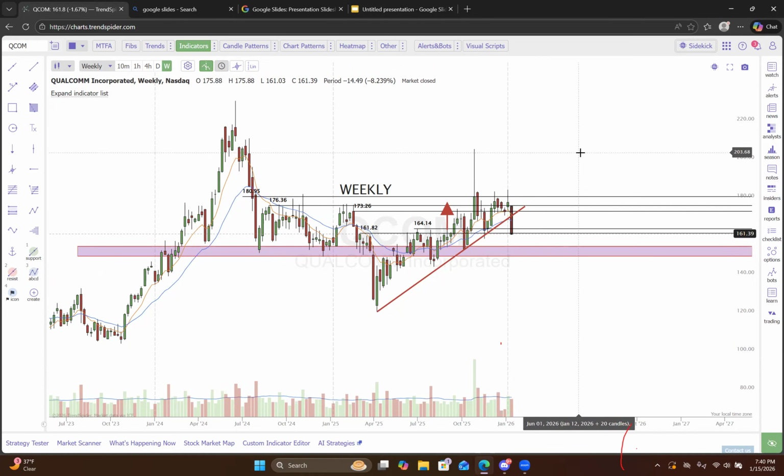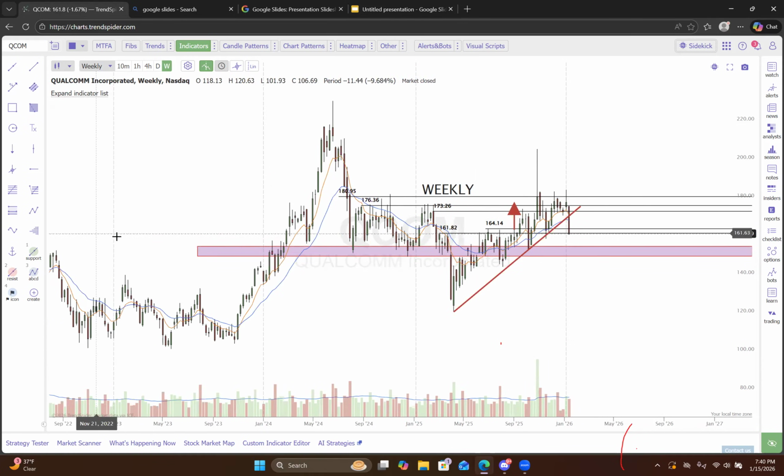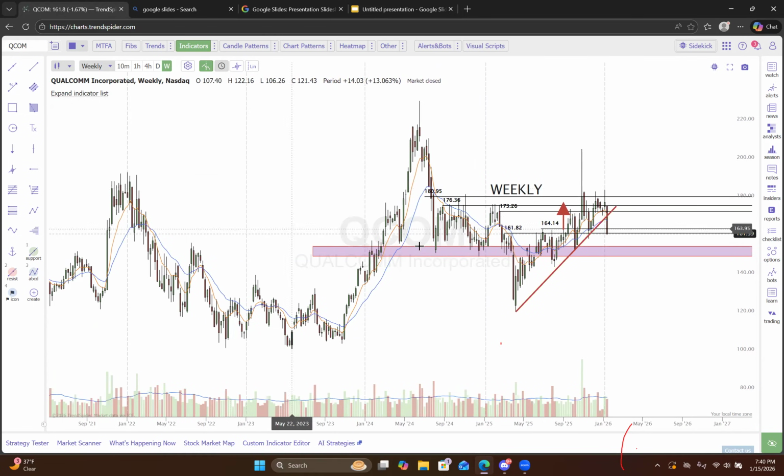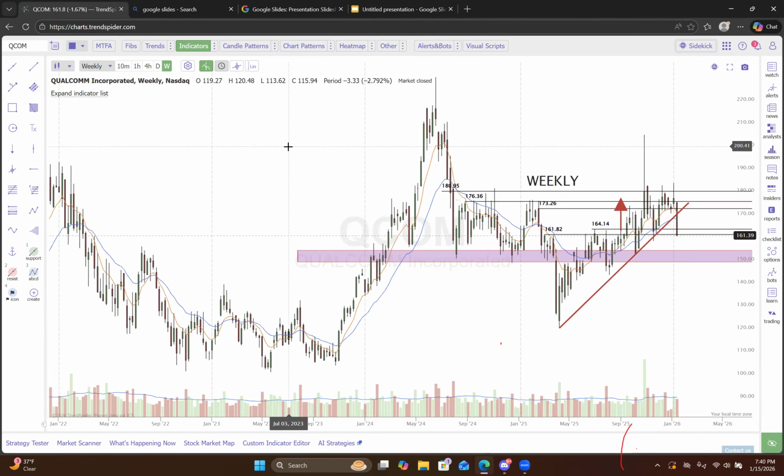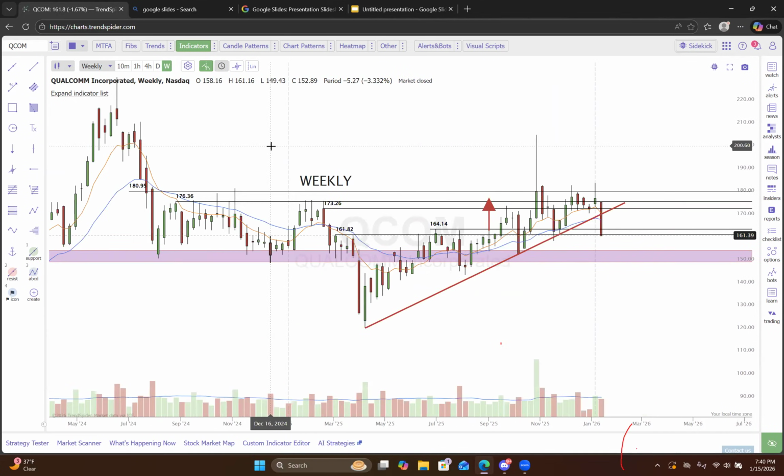Could take a stab. I'll have to look into the news on it. I don't really know what's going on with it news-wise. Is there a reason why it's selling like that? That's the question. When we have a weekly candle with a big body down like this, that's something I would look into. We kept rejecting here, obviously, but I would say I'm bullish over 180.